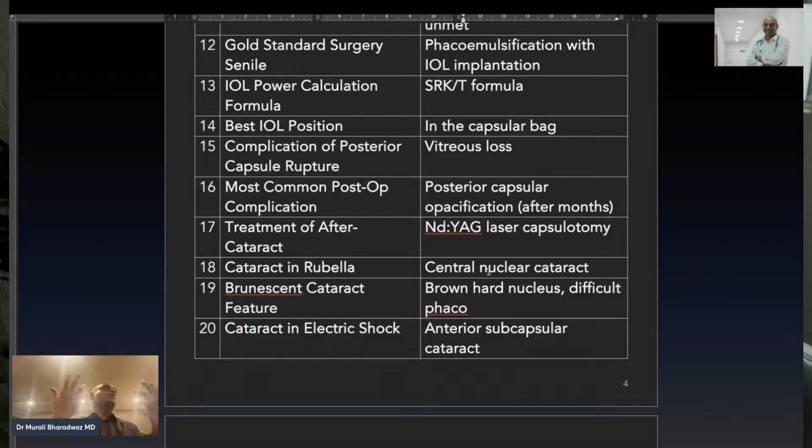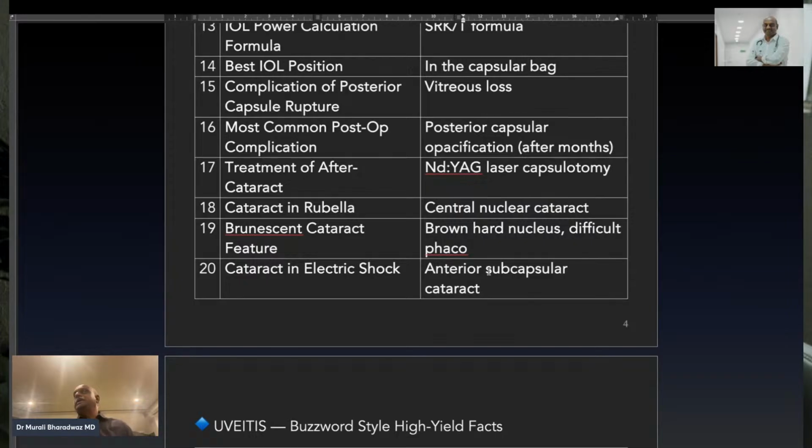The most common post-operative complication: you do phacoemulsification, remove the lens inside the capsule and keep the posterior capsule intact, and that can undergo opacification, and the vision problem comes again. Posterior capsular opacification after a few months is the most common post-op complication.